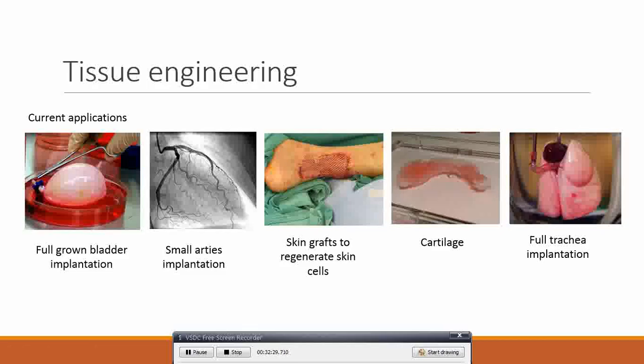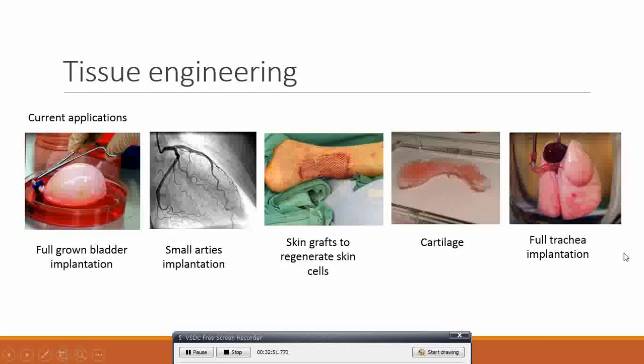Dia macam tisu yang bukan lembut sangat, keras kan, cartilage. And then full trachea implantation, ini maknanya pembedahan melibatkan trachea. Okay, these are all the interesting application. Ini semua adalah part of application yang dah ada lah.